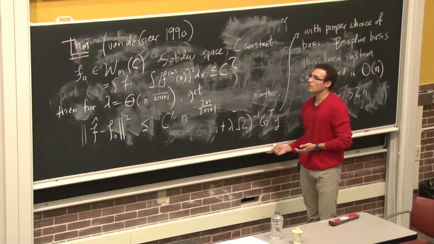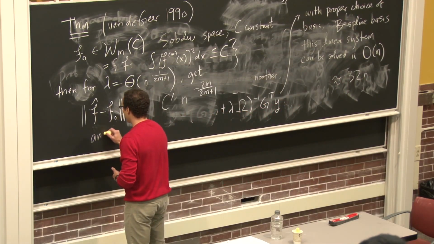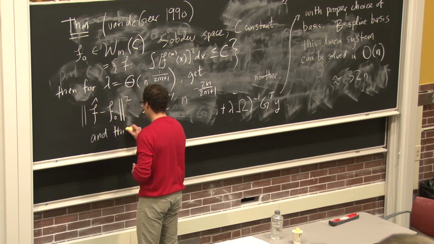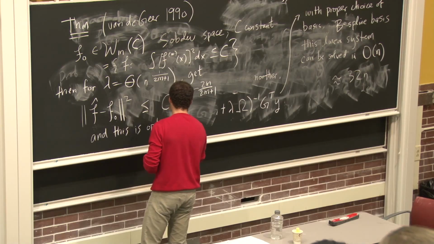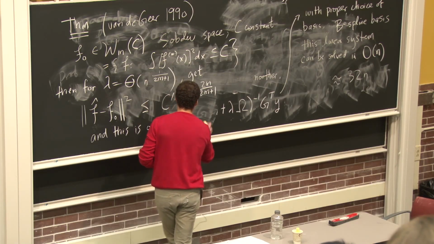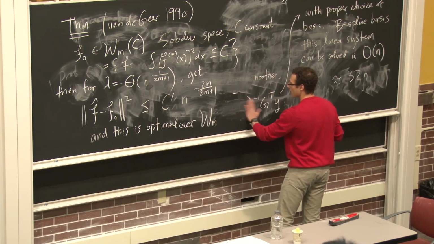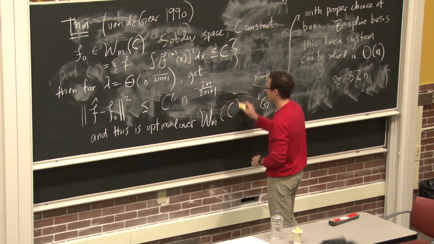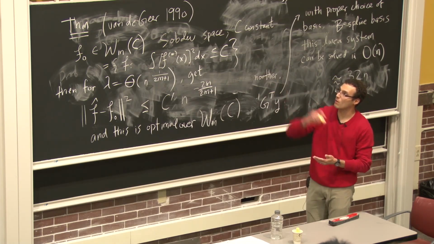And this kind of rate is optimal. That's the other nice part about this. This is optimal over this function class. F0 is the regression function, so it's according to our model up there.